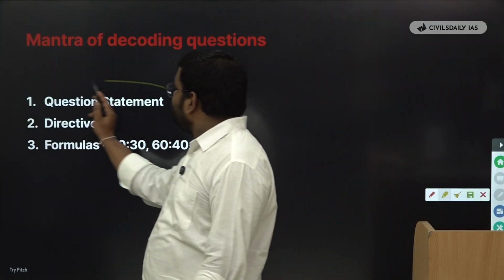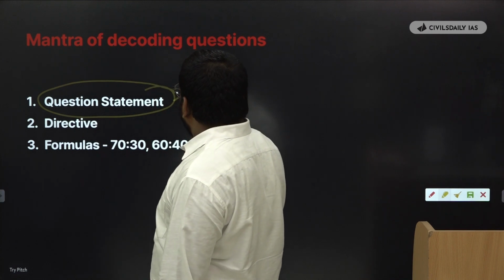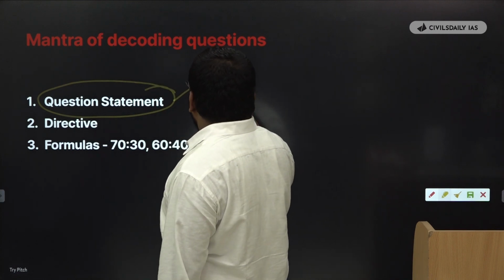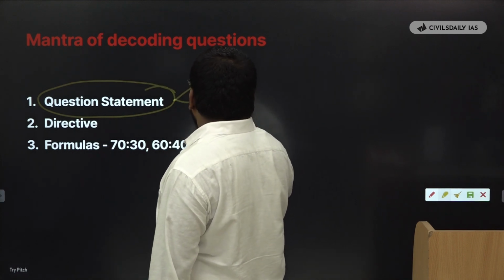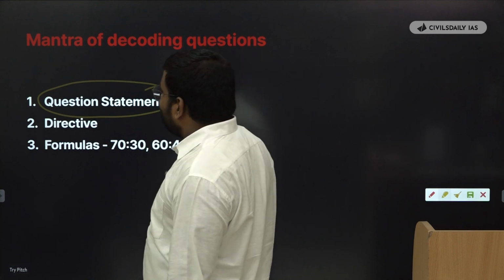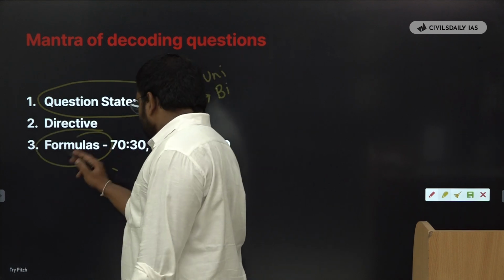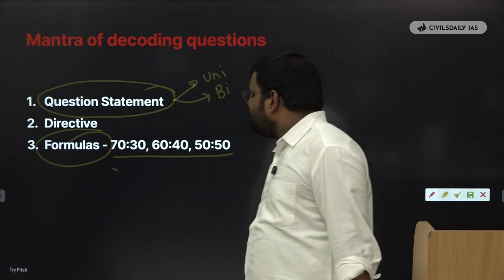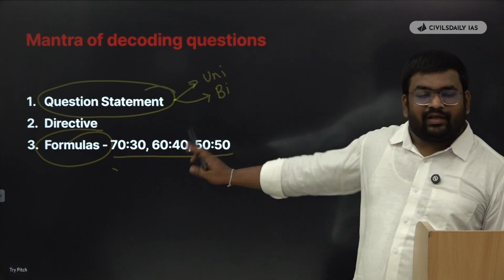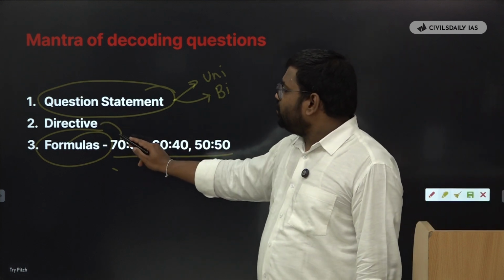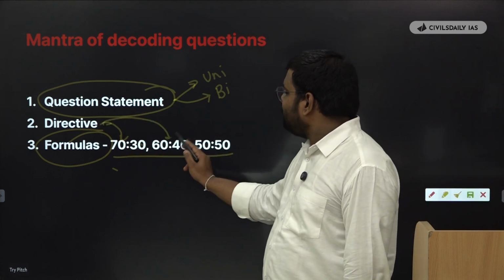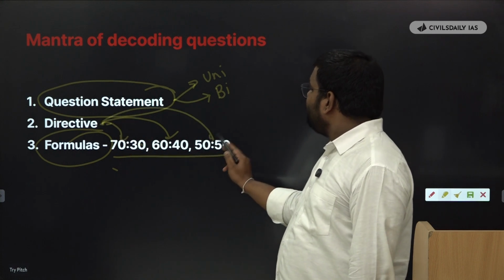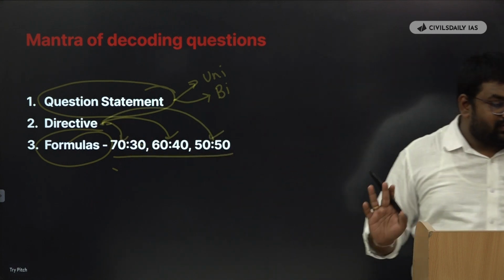One is the question statement, whether it is unidirectional or whether it is bidirectional. And second, the formulas 70-30, 60-40, 50-50. यही याद रखो बस, कौन से डायरेक्टिव में 70-30 करना है, कौन से में 60-40 करना है, कौन से में 50-50 करना है, ये याद रखो बस.